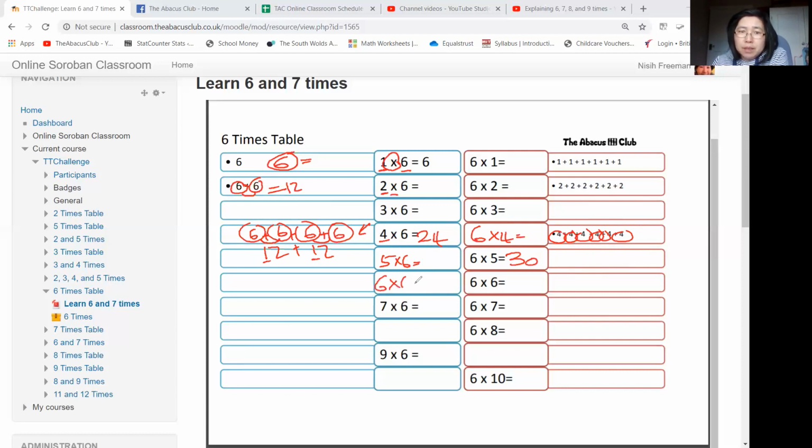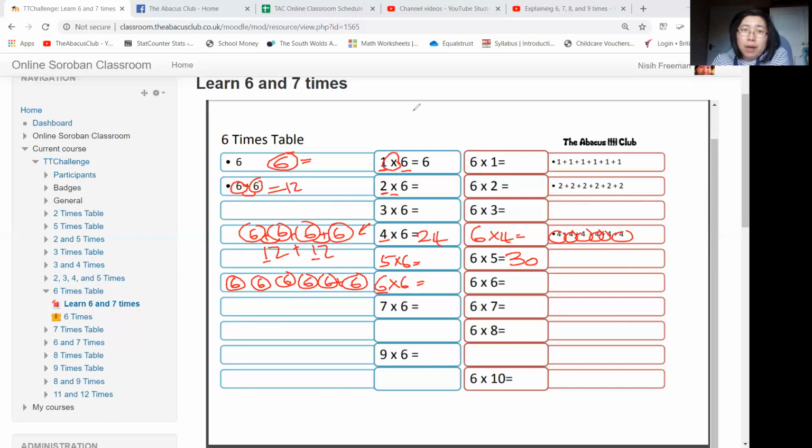Next one is 6 times 6. The first number tells us to draw 6 bags. It is important to work through all this drawing of the bags so children actually understand what they're doing, because a lot of children we just say, oh, 6 times 6 is 6 sixes, but they don't actually understand what it actually means. Then add this all up.